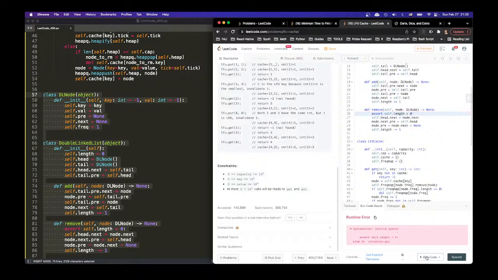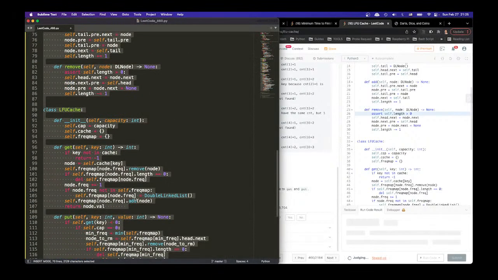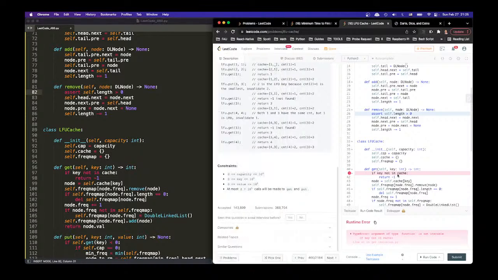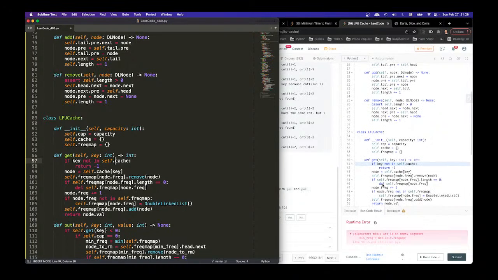It is invalid. Minimum argument is the... where?